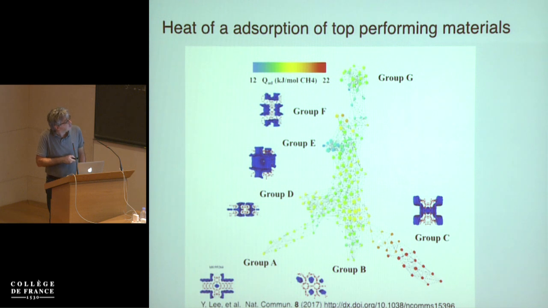Here you have a group C, a typical material, which has a relatively high heat of absorption, while group E has a relatively low heat of absorption. So you see with these clustering techniques, we suddenly see, now I get it. If you have a similar material, it has a similar optimum heat of absorption.